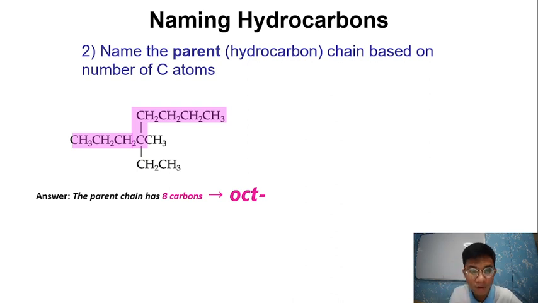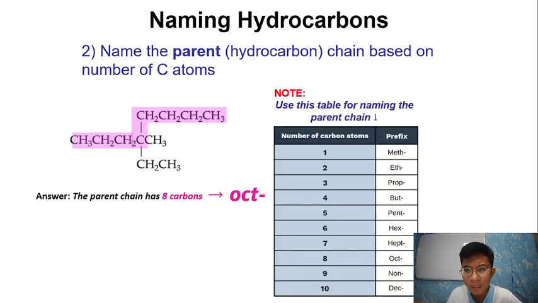So, the name of the parent will be oct. Sa table, yung number of carbons, yung prefix. Dito, for example, carbon 1, that's meth, carbon 2, eth, 3, prop, 4, but, and yung 5 to 10, tandaan.